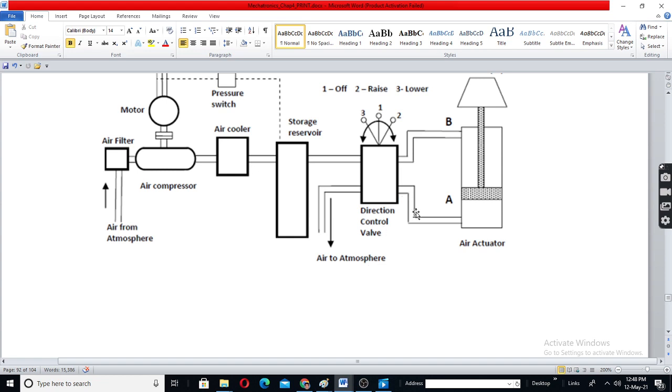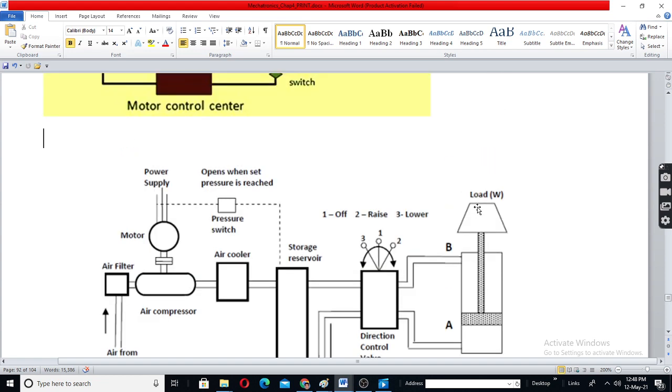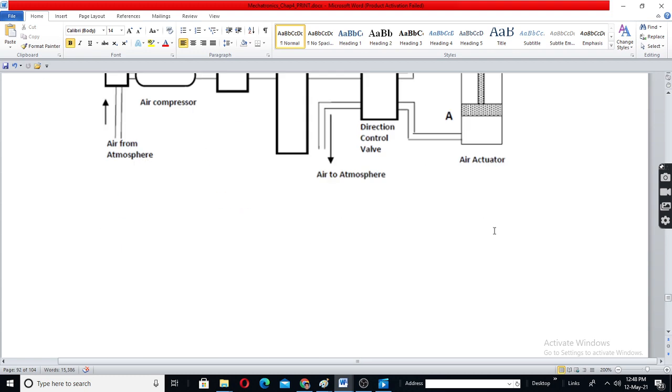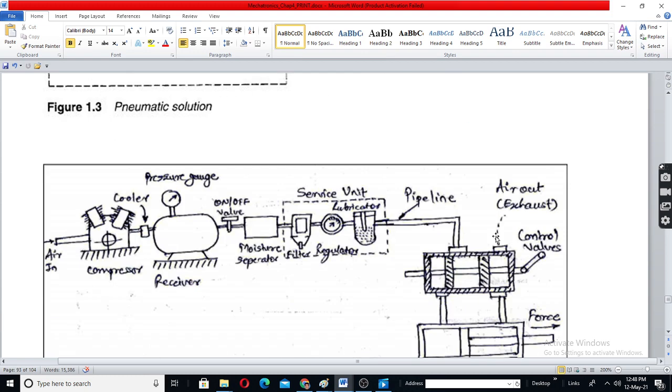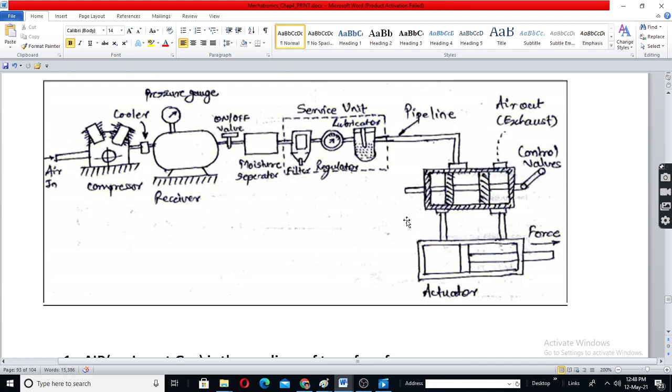If you direct it towards port A, it will move upward. Load is here. So this is the typical block diagram. Here you need a lubricator also. In a hydraulic system, usually oil is used, so lubrication happens automatically. But here, a lubrication system is required.